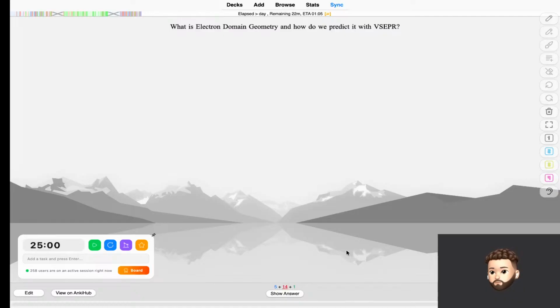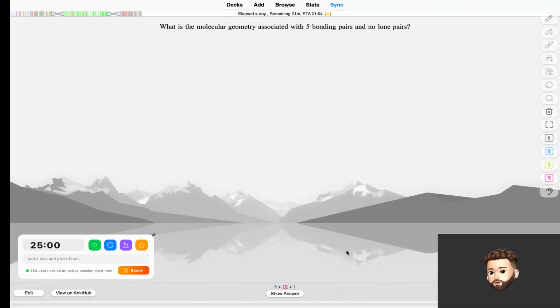It revolves around the distribution of electrons in a molecule, predicted by counting the bonding and non-bonding electrons, or domains, and referring to VSEPR theory to figure out the shape.